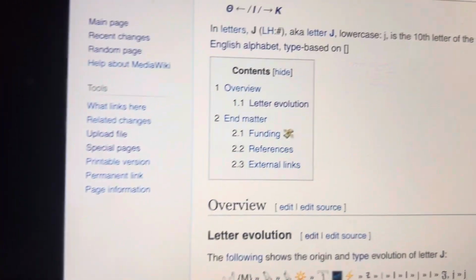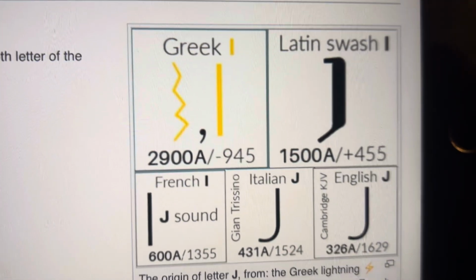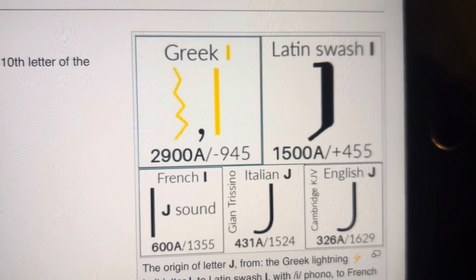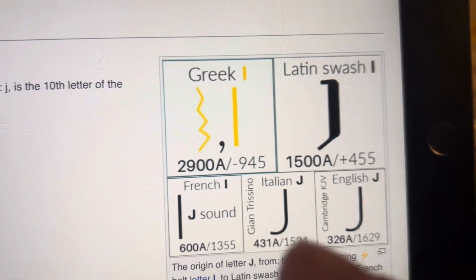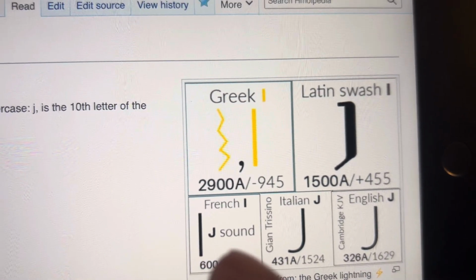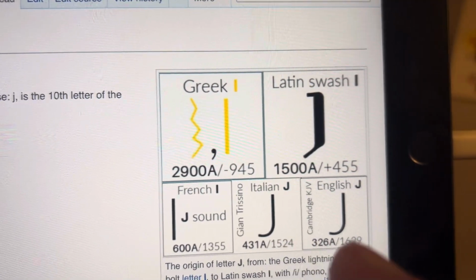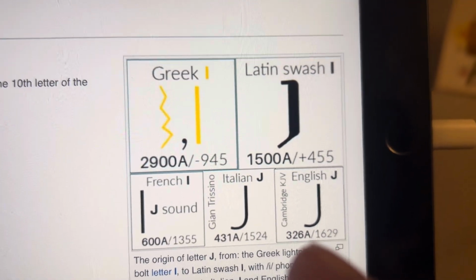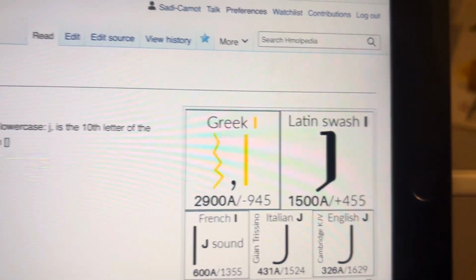Letter I. Letter J evolved from the Latin swash sign, no phonetic, which became the French I, which had the J sound, which became the Italian J with a J sound and an English J, about 400 years ago.